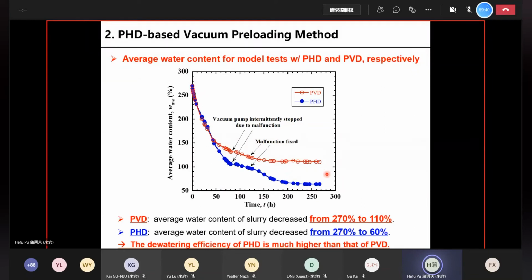And for the PhD, which is the blue curve, the decrease of water content is more significant. The final water content is only 60%, which is roughly about 1/2 of that for the PVD. So we can see that the dewatering efficiency of PhD is much higher than that of PVD.